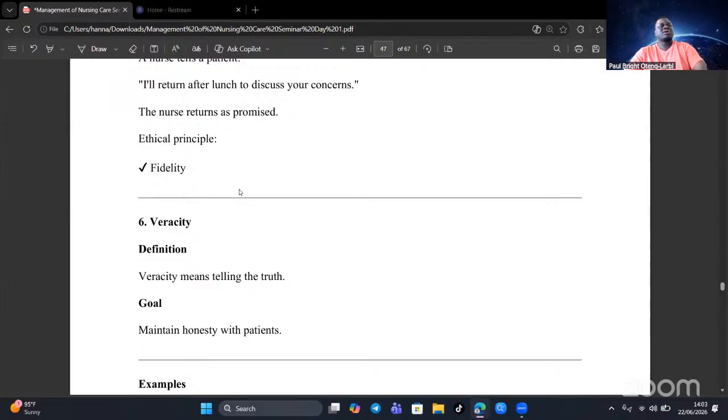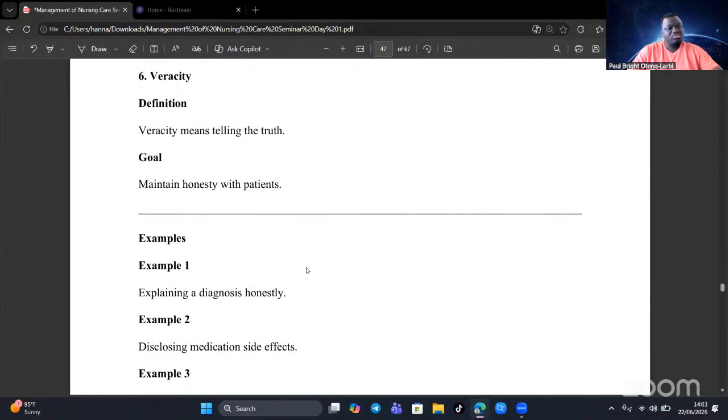Okay. Let's look at veracity. The difference between fidelity and veracity. Veracity is telling the truth, being honest. Okay, let's look at examples.